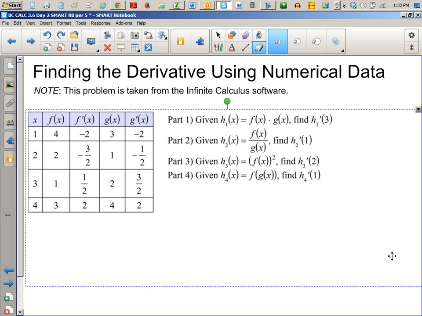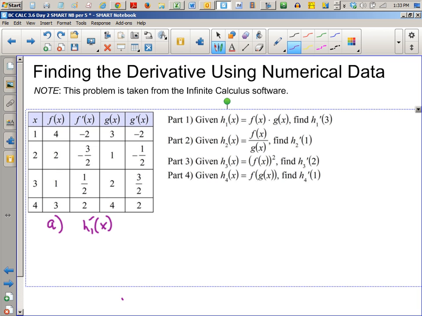Okay, so on this stuff, what you need to do is write out the chain rule or the product rule or the quotient rule first, and then you're going to take the numbers and plug them in, okay? So let's look at part A here. Part A is asking us to find h1 prime of x first.